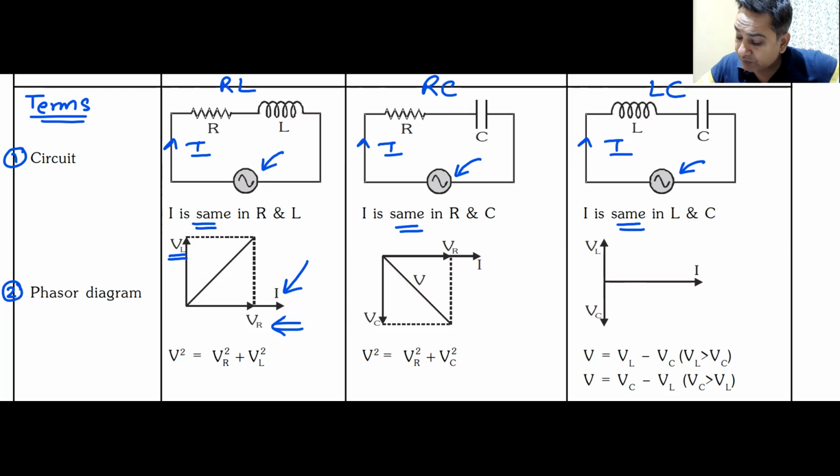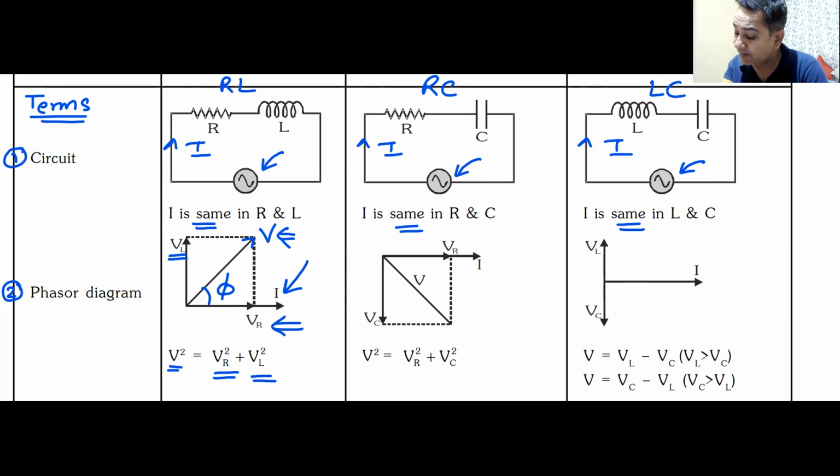That is VL, and this becomes your total V. Total V is ahead by a phase angle of phi. V squared here will be VR squared plus VL squared. This is one way of writing it, or you can write it in terms of impedance: Z squared is equal to R squared plus XL squared.